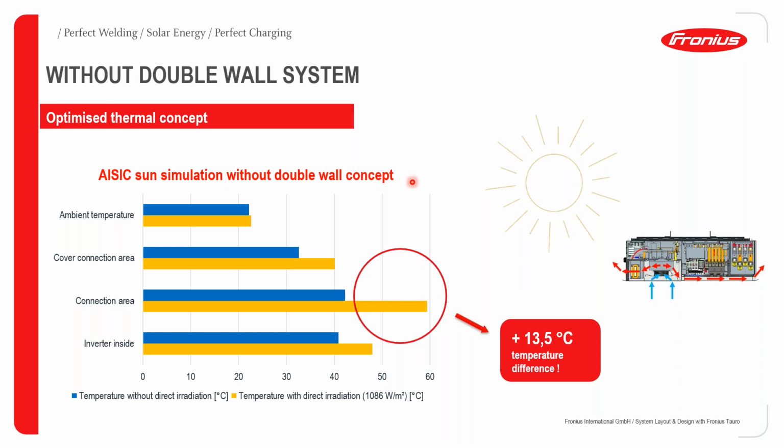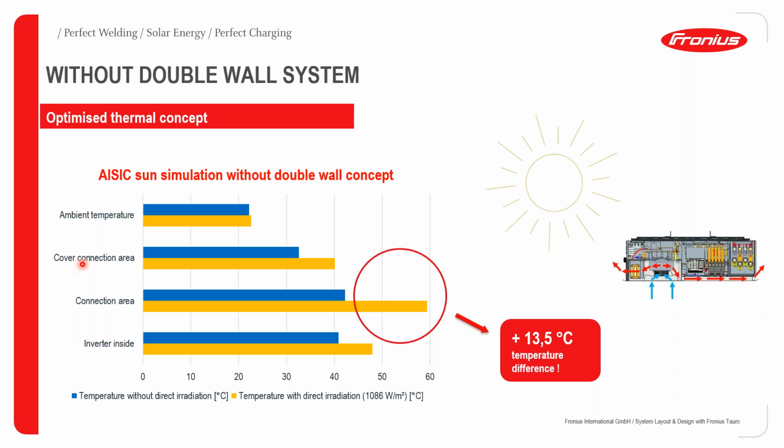So if you're looking at the ambient temperature operating at just around 25 degrees, if you look at the connection area of the inverter, you are going to see that the temperature there is going to rise all the way up to around 40 degrees Celsius. And this is at an irradiation level of just about 1086 watts per meter squared. But most importantly, the connection area.